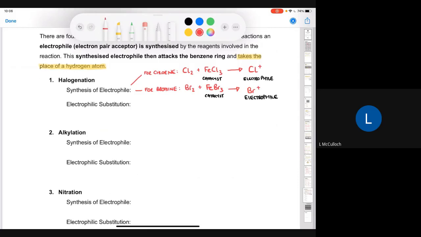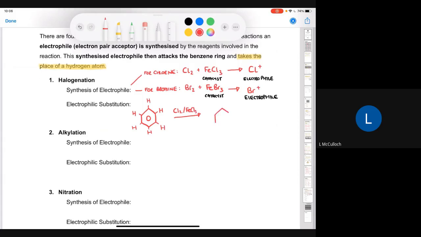So what I'm going to do is just take one of those and show what the electrophilic substitution looks like. So I'm going to take my benzene ring. I'm going to pop the hydrogens on it. Just makes sense to see the hydrogens since one of them is going to be getting substituted. We will do the reaction. So for this one, I'll use the chlorine and the iron chloride.